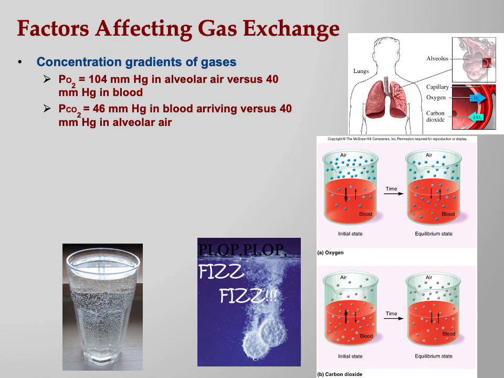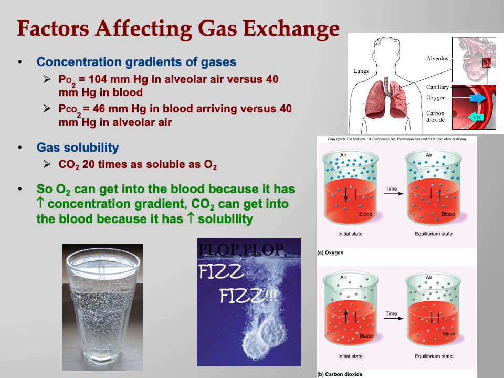It's precisely because of the difference in pressure. Oxygen flows from the air in your lungs into your blood because the pressure forces it that way, and carbon dioxide flows from your blood into the air in your lungs because, again, the pressure forces it that way. So gas solubility, CO2, as I mentioned on the last slide, 20 times as soluble as O2.